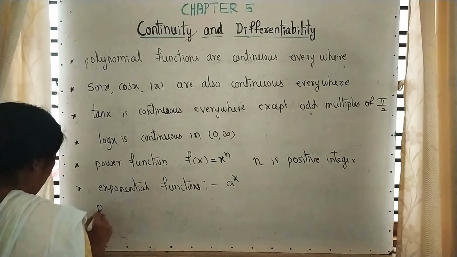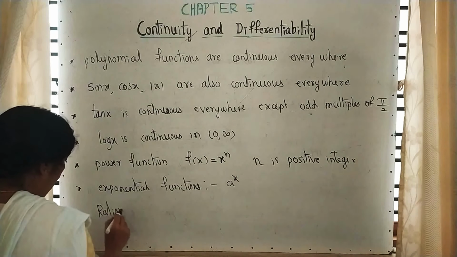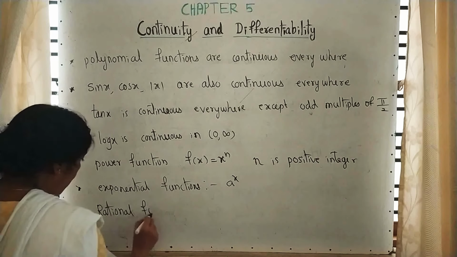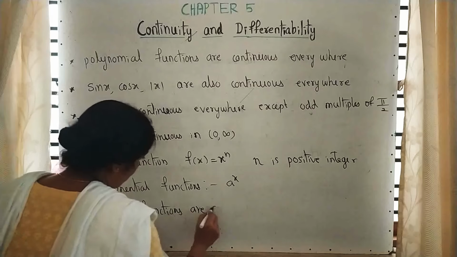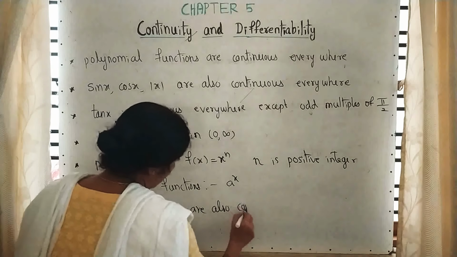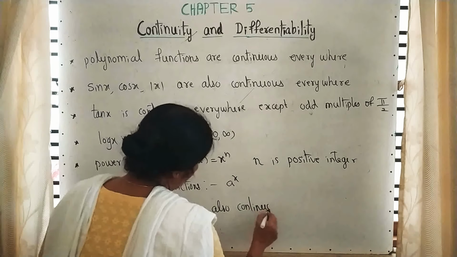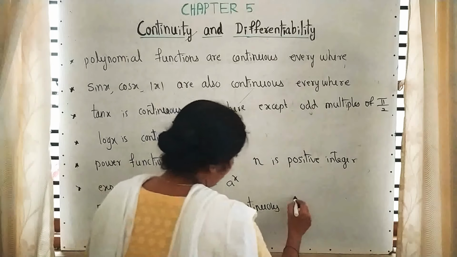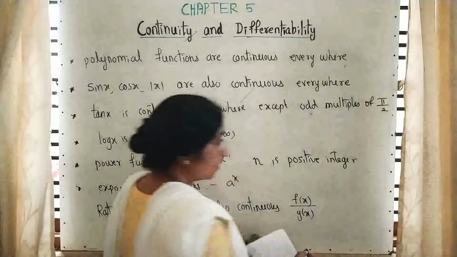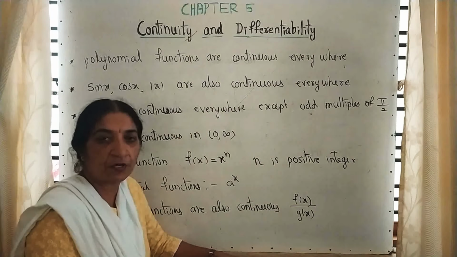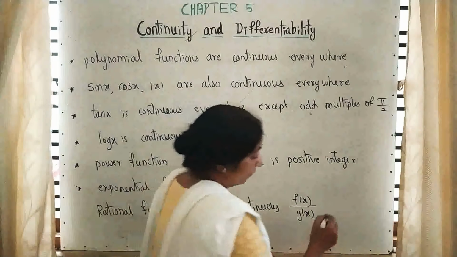Then rational functions are also continuous. Now the question comes, what is a rational function? For example, f of x upon g of x. F of x is a polynomial, g of x is a polynomial. They are continuous.